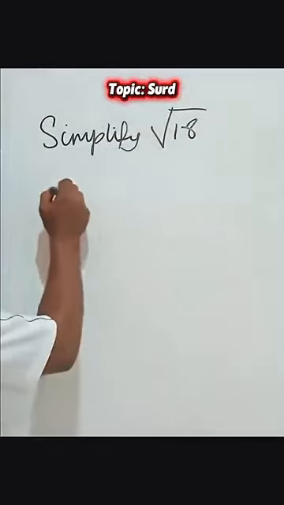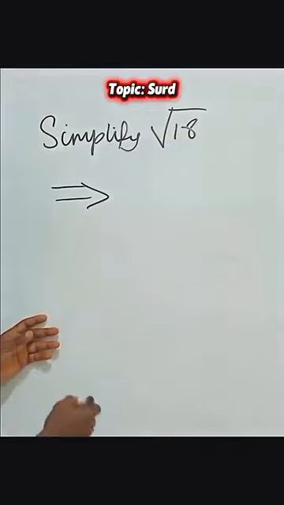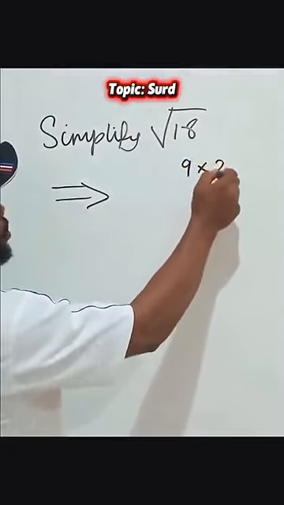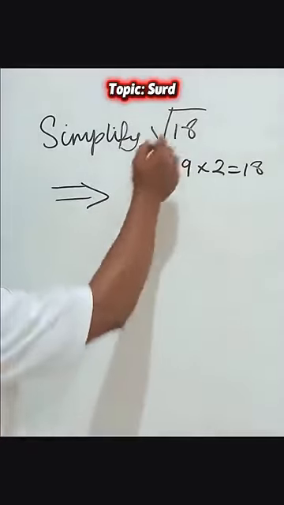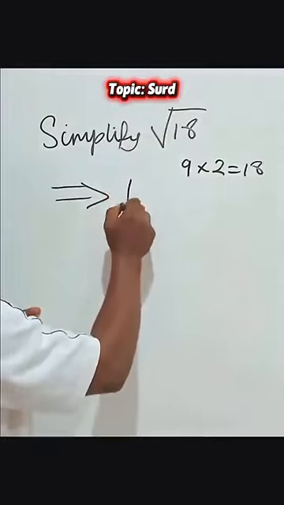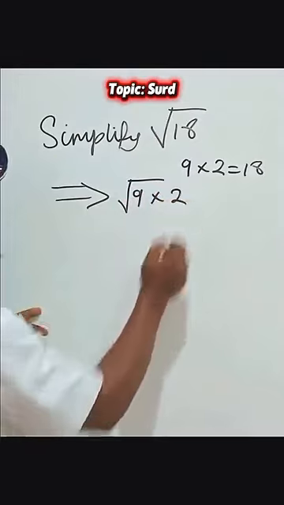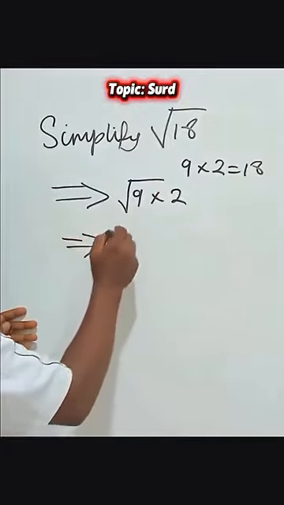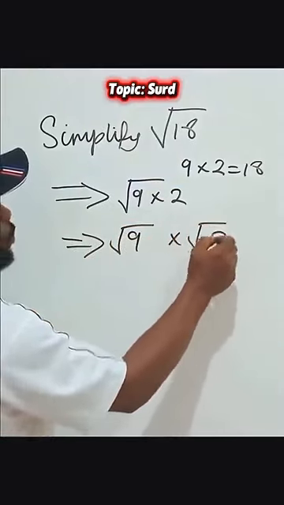Simplify the square root of 18. Eighteen is the same thing as 9 times 2. Therefore, this becomes the square root of 9 times 2. This can also be expressed as the square root of 9 times the square root of 2.